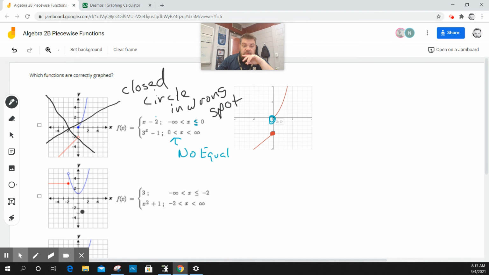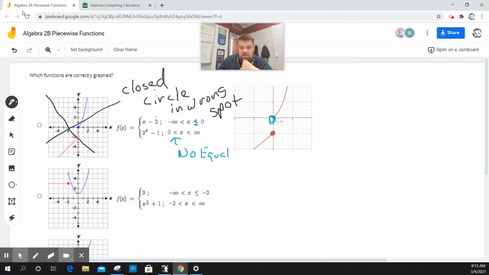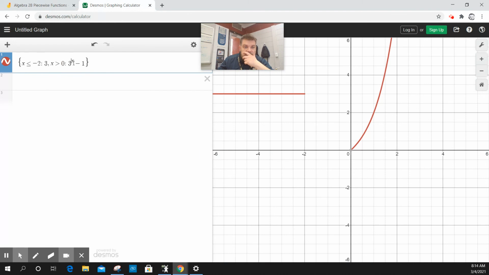All right, so let's graph the next one. Luckily, this will get a little easier. So this one includes -2, and I believe the function was 3. Plain old 3, huh? And then it's less than or equal to 2, and then x squared plus 1, so this is greater than -2.